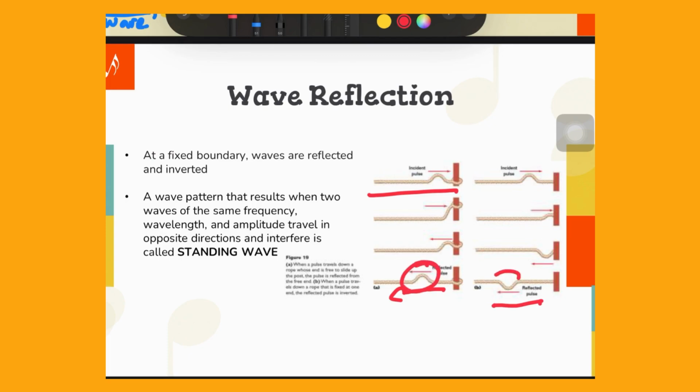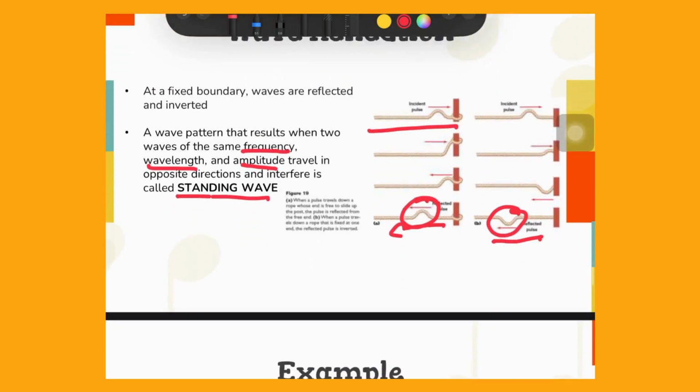This is up, this is down. A wave pattern that results when two waves of the same frequency, wavelength, and amplitude travel in opposite directions and interfere is called a standing wave.